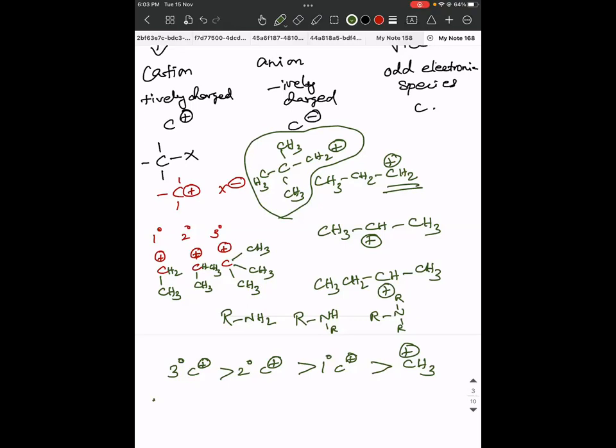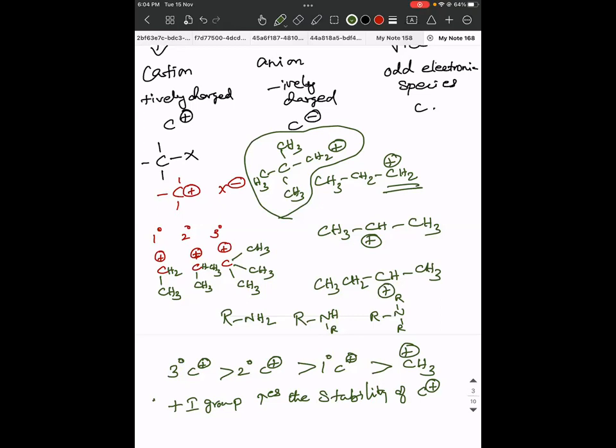So plus inductive side groups increase the stability of carbocation. When it becomes a tertiary, if the alkyl groups are attached, it means three groups for the tertiary. That's why the stability is more.